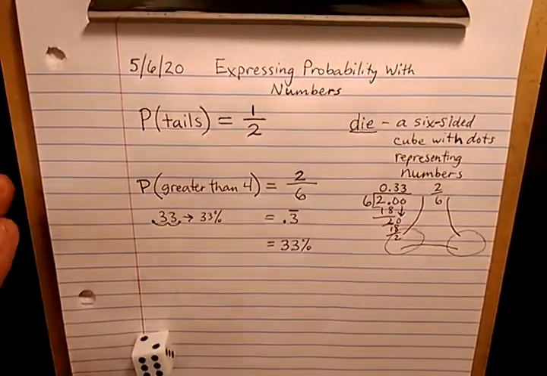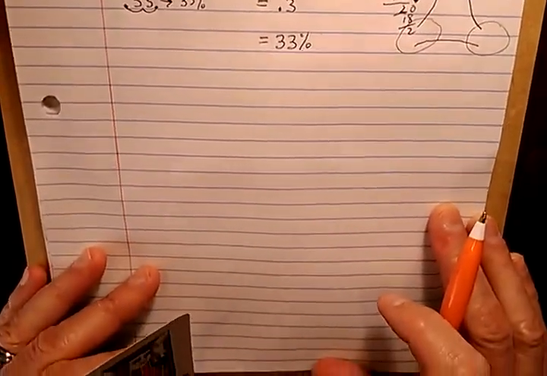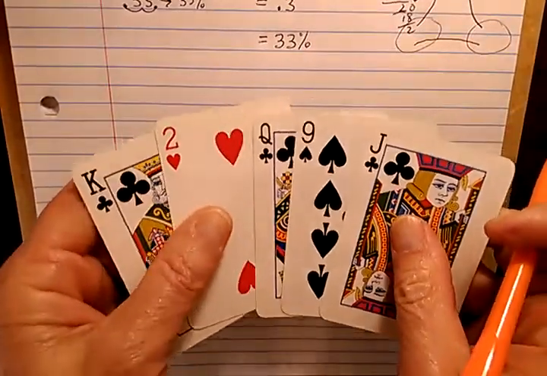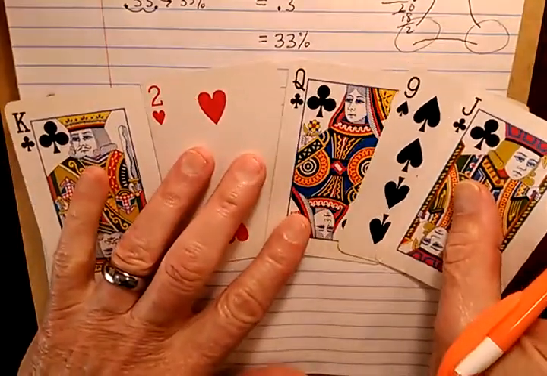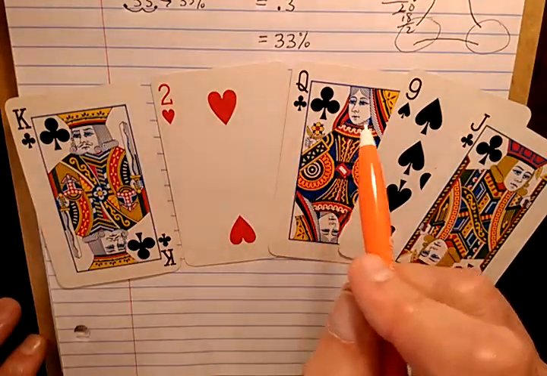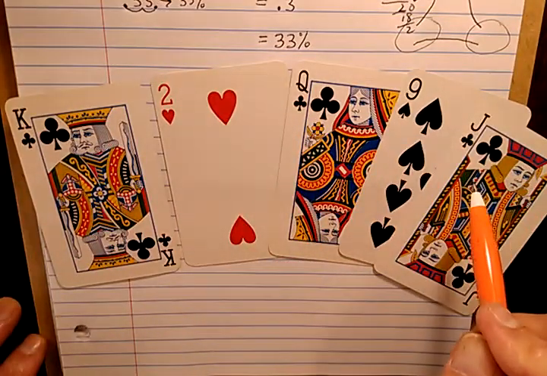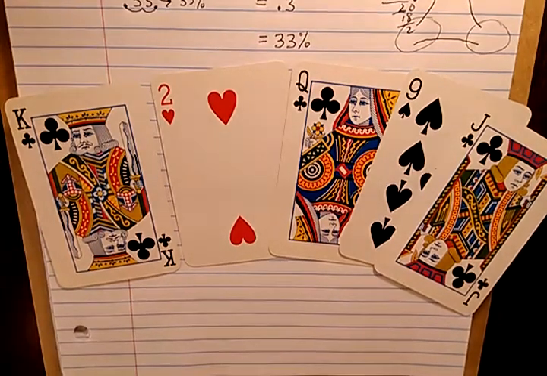Okay, let's move on to some cards now. Here I have some cards, and I've got a king, a 2, a queen, a 9, and a jack. You may not be familiar with the term face card. What kind of card is a face card?